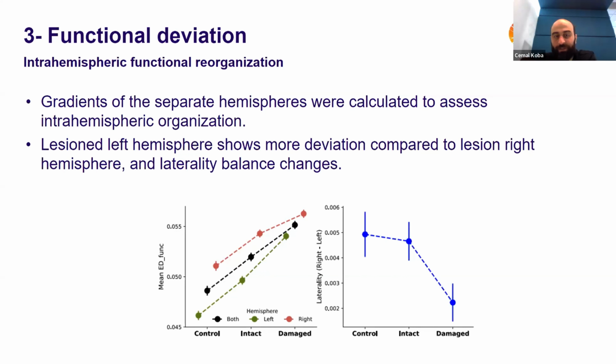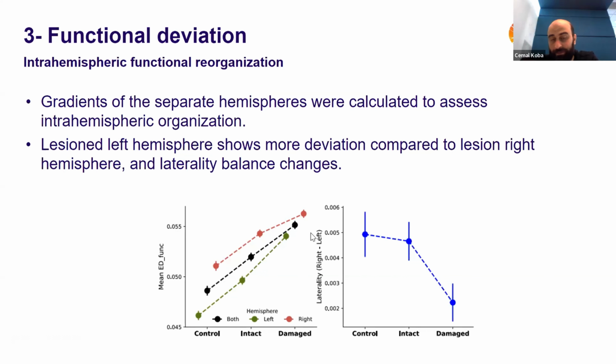So right hemisphere has more functional deviation compared to the rest in general. So functional distribution of the left hemisphere is less dispersed compared to right hemisphere. And this effect is preserved, but it is higher in the intact hemisphere of the stroke subjects.